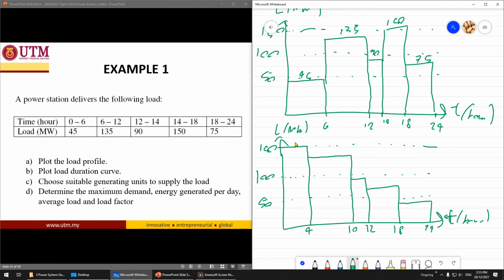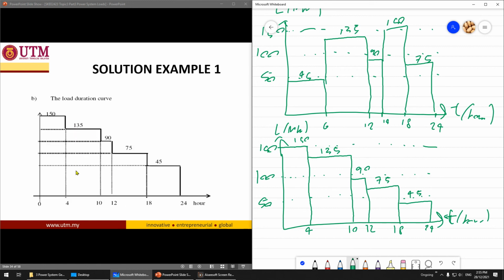So you get 150, 135, 90, 75, and then 45. This is the load duration curve. Make sure you know how to draw this. You can see here 4, 10, 12, 18, and 24.